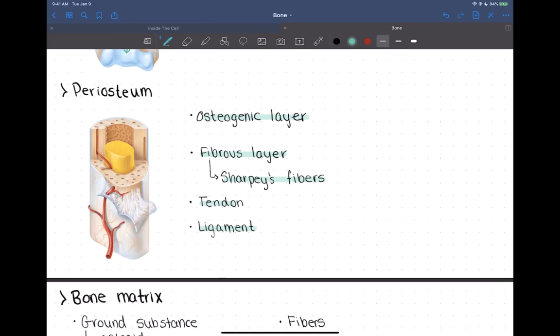So the periosteum is that connective tissue on the outside of the bone, and it has two layers. It has the osteogenic layer, which is going to contain bone cells. Those bone cells can do two things, right?